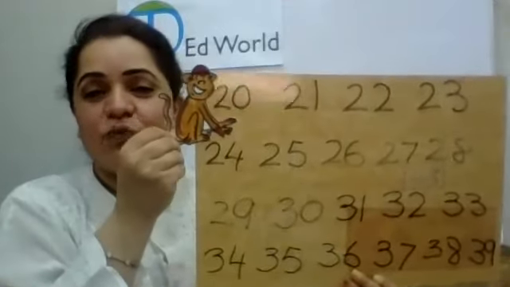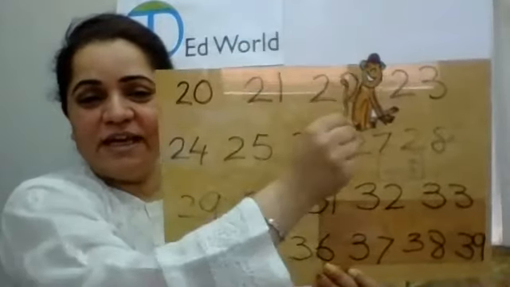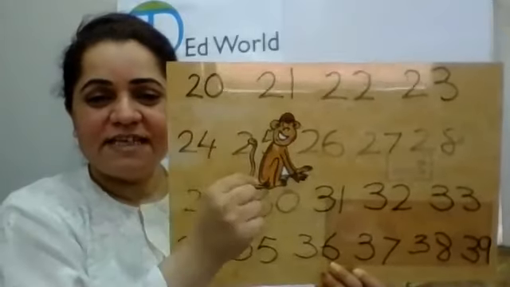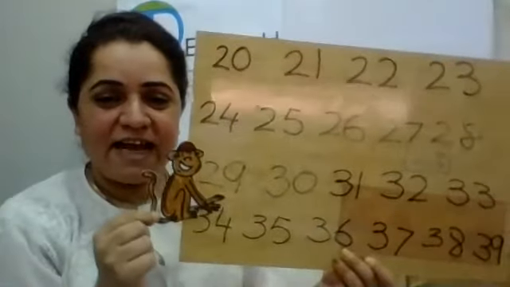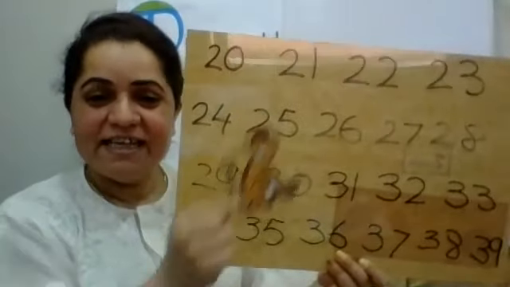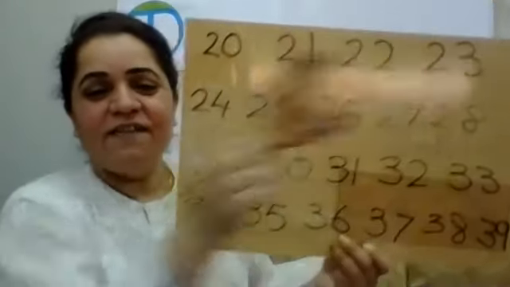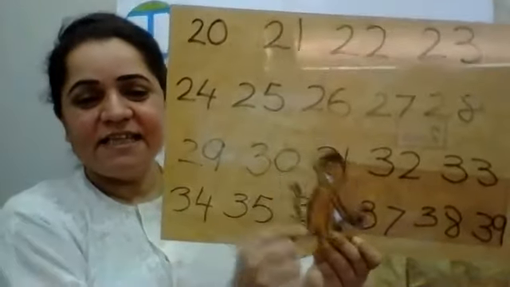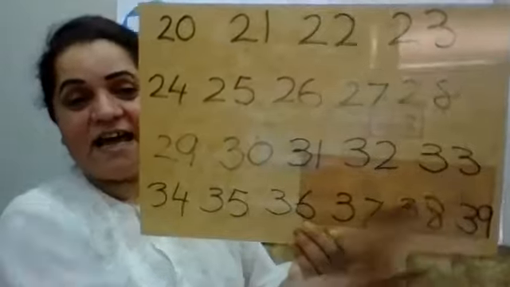Okay, right now 20, 21, 22, 23, 24, 25, 26, 27, 28, 29, 30, 31, 32, 33, 34, 35, 36, 37, 38, 39.